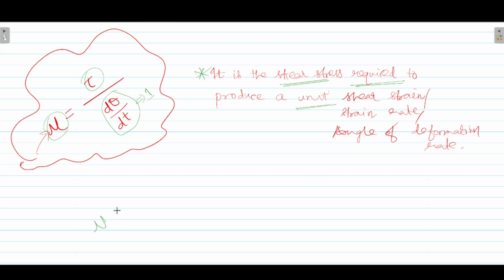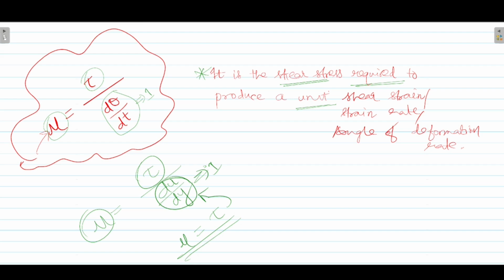You can also define it like this: mu is equal to tau over du dy. So dynamic viscosity or absolute viscosity is equal to the shear stress when the velocity gradient is 1. If the velocity gradient is 1, then mu is equal to tau at this condition. You can define it this way as well.